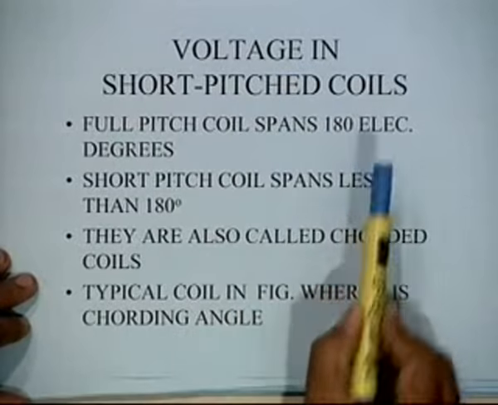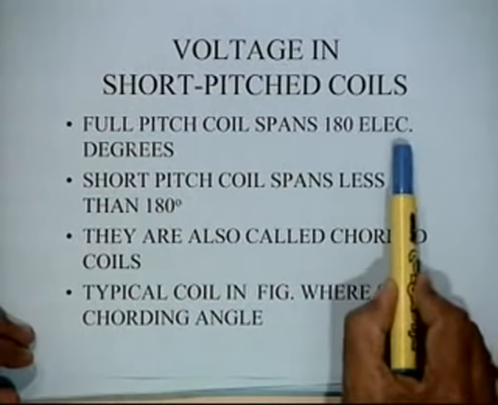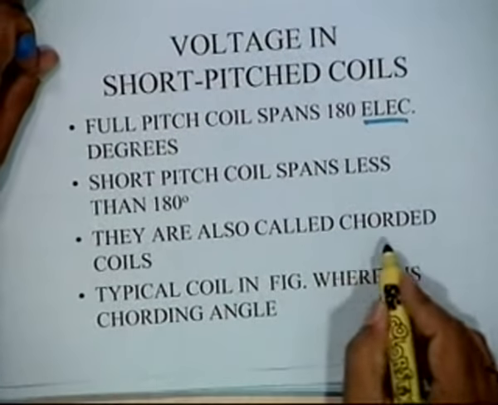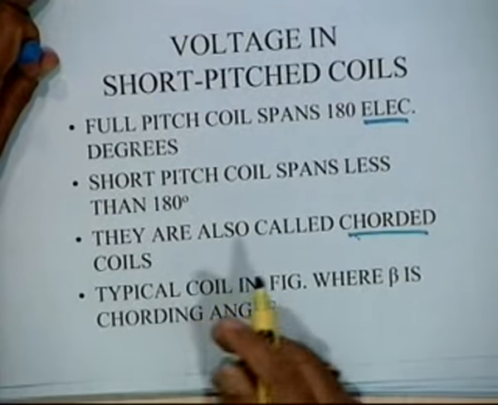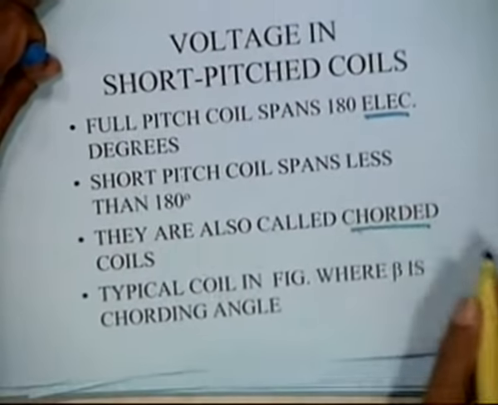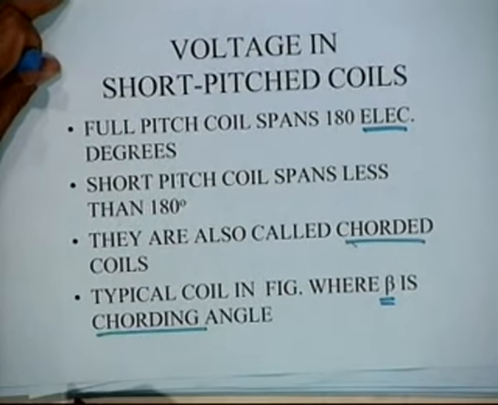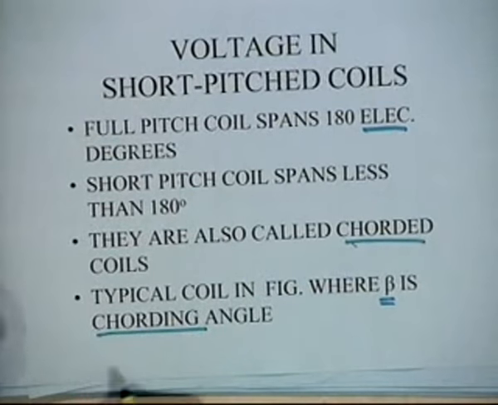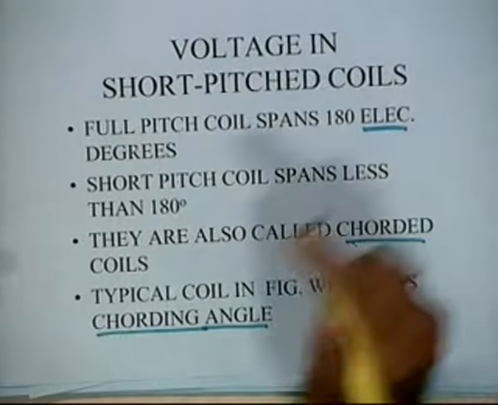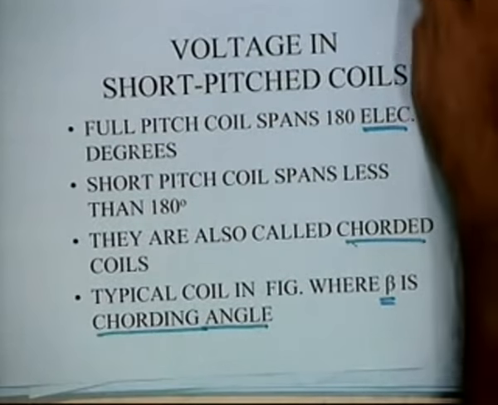A full pitch coil spans 180 electrical degrees, a short pitch coil spans less than 180 electrical degrees. This is not mechanical. These are also called chorded coils. This is the terminology, and we have shown in this figure that beta is the chording angle. That short pitch angle is called the chording angle, the angle by which it is short pitched from 180 degrees.